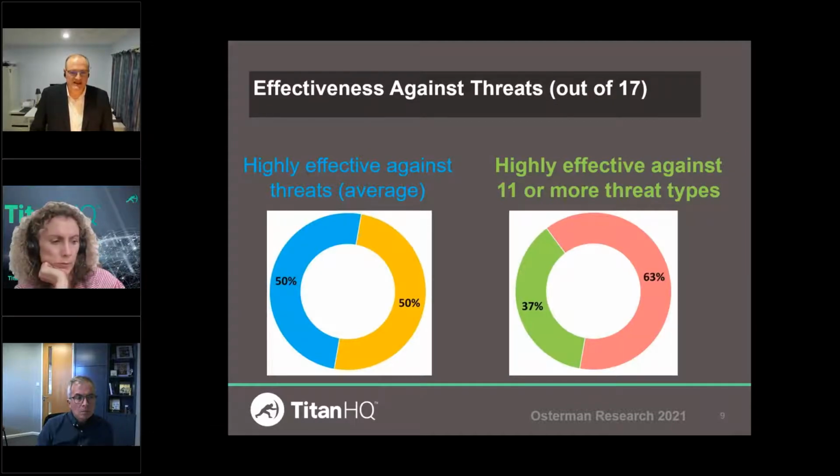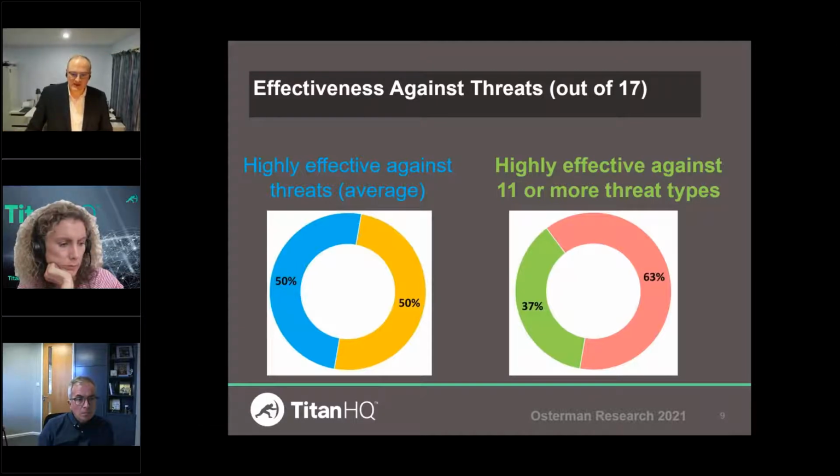When we looked at the data on effectiveness against threats, and again there were 17 threats overall, only half of the respondents said that they were highly effective against the threats that they faced. So overall, half said yes, we've got high effectiveness, and half said no, we have low effectiveness. When I then split the data out to look for patterns, in terms of, if someone's good at doing this, are they also good at doing this?